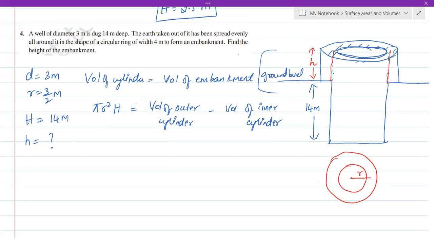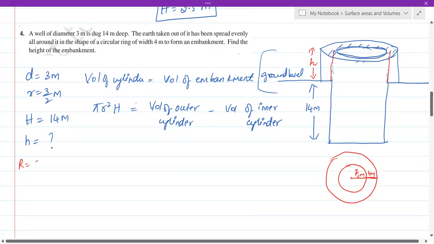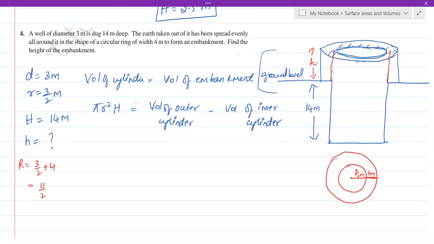Now, to find capital R, we add this width. The width of the circular ring is given as 4 meter. So capital R is 3 by 2 plus 4, which becomes 11 by 2 meters.